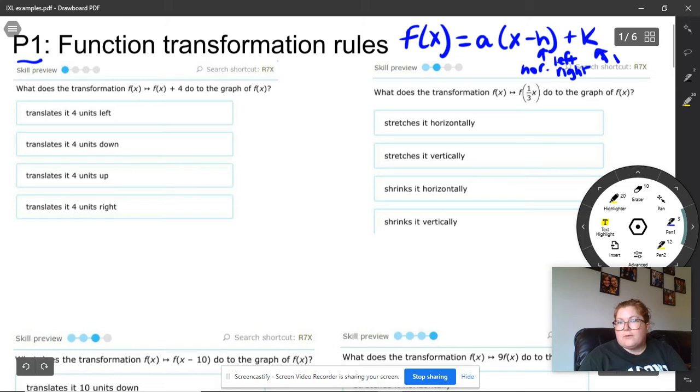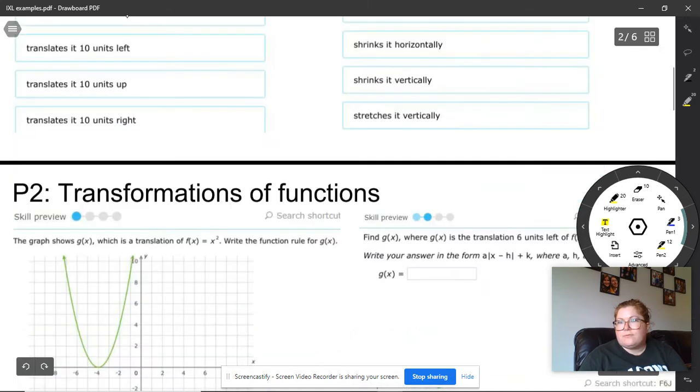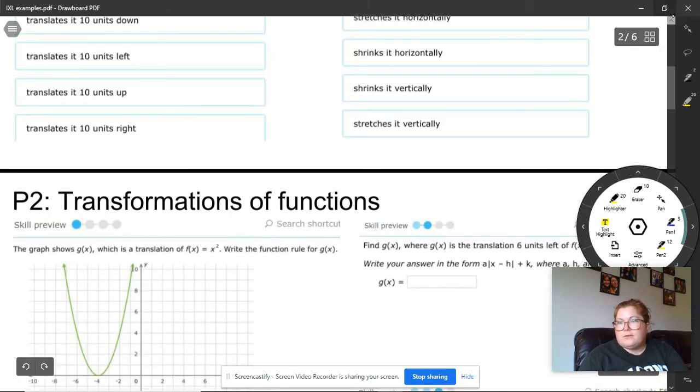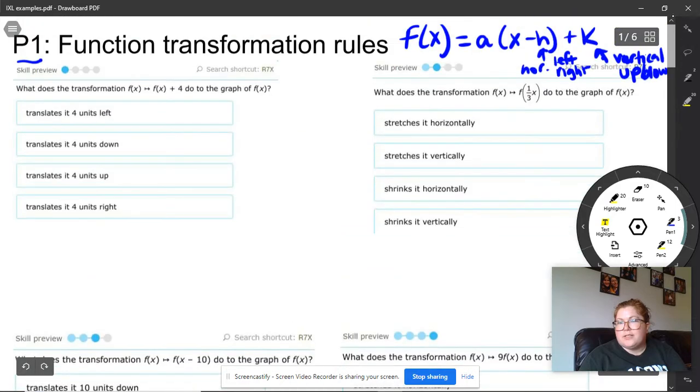K is our vertical change, which is up or down. We also know A has several different meanings. A is our reflection if it's a negative, and it also means that it's a stretch or compress.